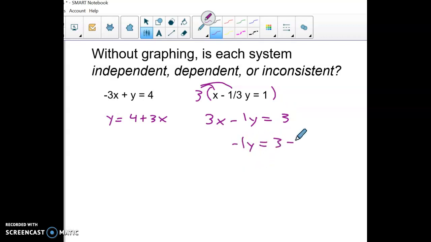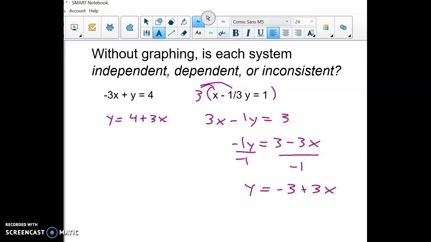Minus 3x divided by negative 1. So we get y equals negative 3 plus 3x. Okay, and so now again, if you're not sure, pause the video and see, what case is this? Okay, so hopefully you can recognize that this is no solution, right?